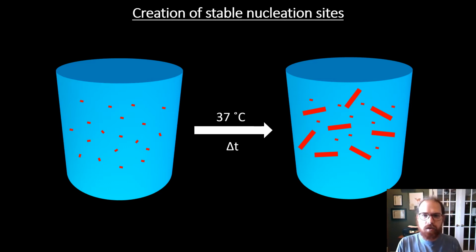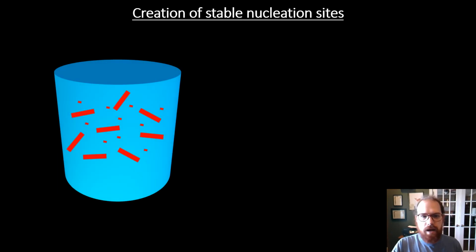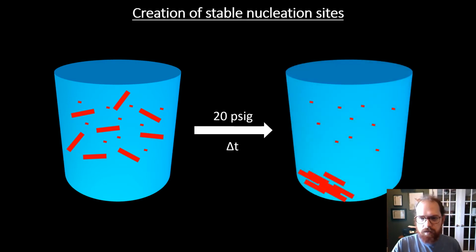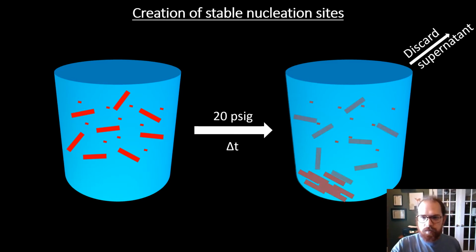Rather, these seeds are meant to serve as templates or nucleation sites for the dynamic tubulin to polymerize and depolymerize as it would. We take this array of polymerized and unpolymerized modified tubulin, spin it down in a centrifuge, get stratification of the polymerized polymer from the unpolymerized monomer, discard the supernatant, and we're left with just the seeds, or just the templates from which we can create actual dynamic microtubules.